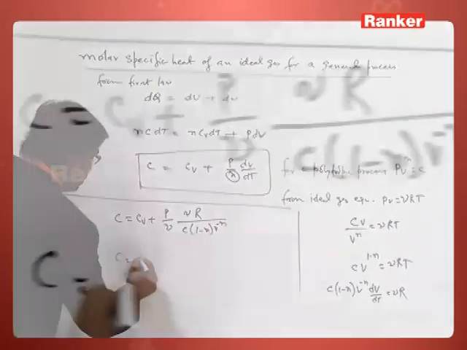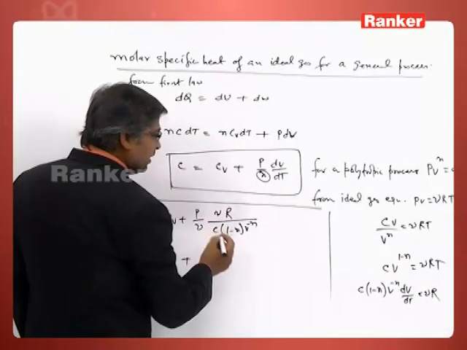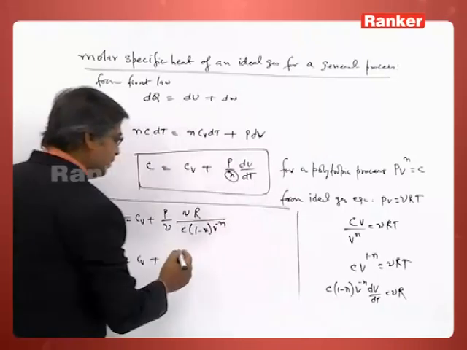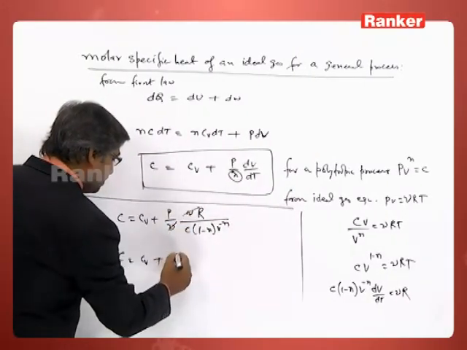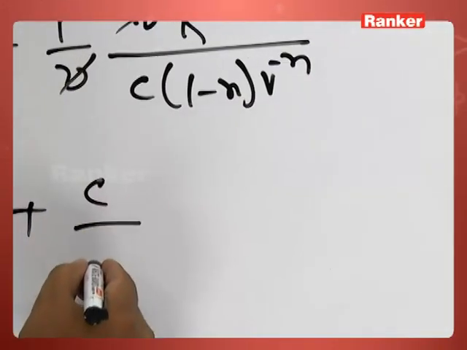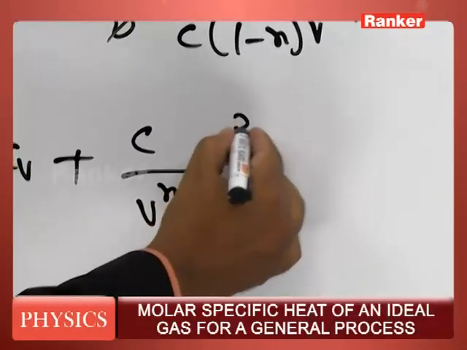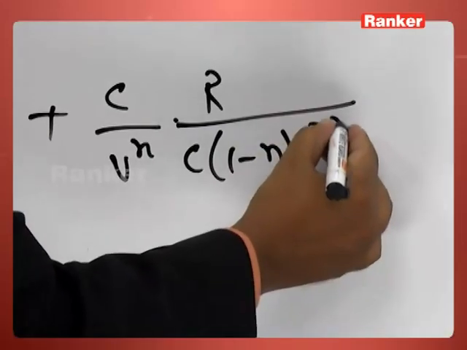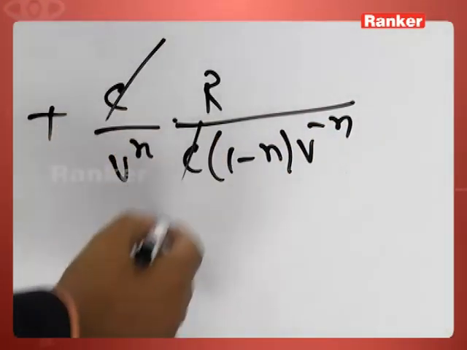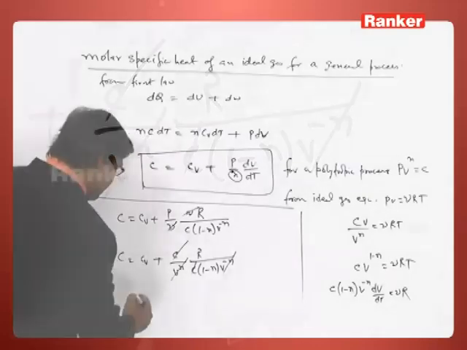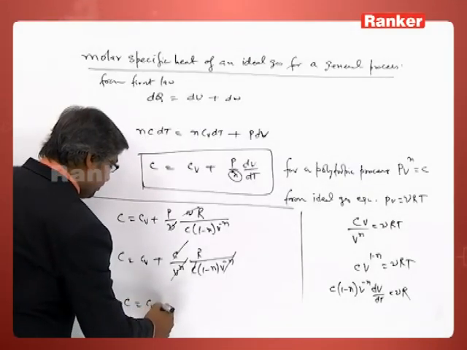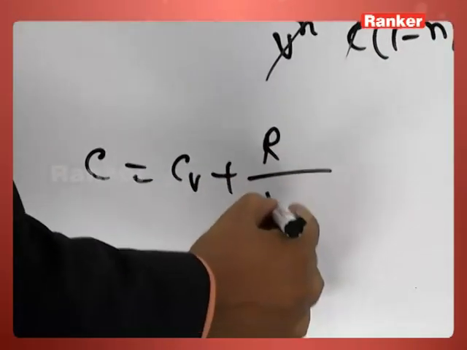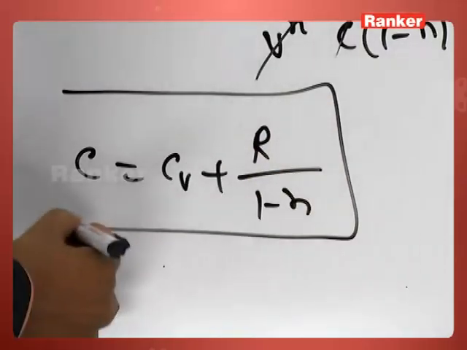So C is equal to CV plus P. You see P is equal to C by V to the power n, nu cancels, C by V to the power n, R upon C 1 minus n into V to the power minus n. So this C cancels, V to the power n minus n. So it becomes CV plus R by 1 minus n.